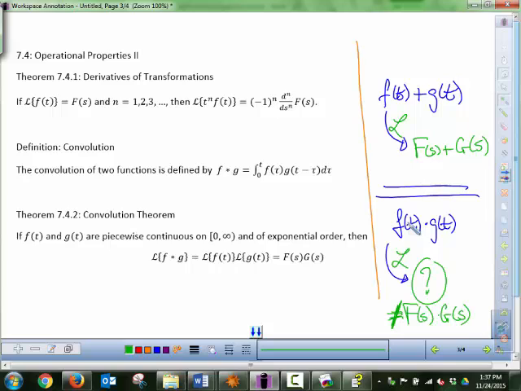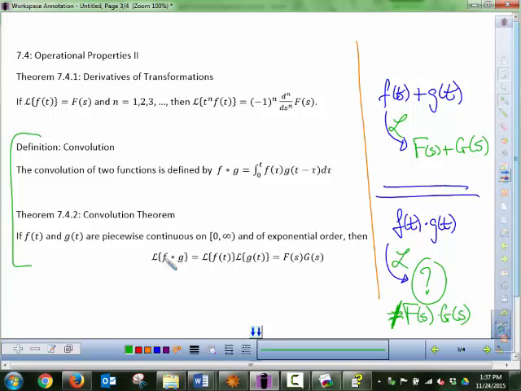But if this is sine times cosine, or t times cosine or something like that, then we're going to have a harder time. The way to deal with that is the combination of the convolution and the convolution theorem. And so that's how you might be able to deal with a product of these things.